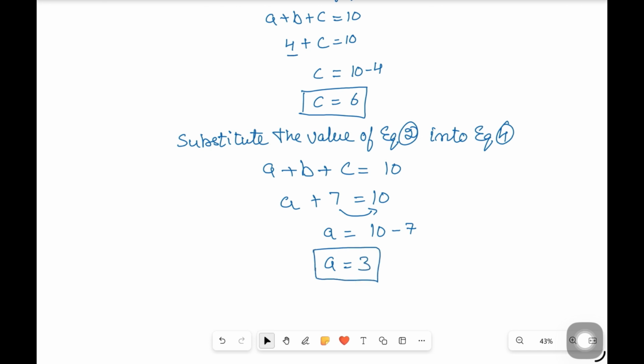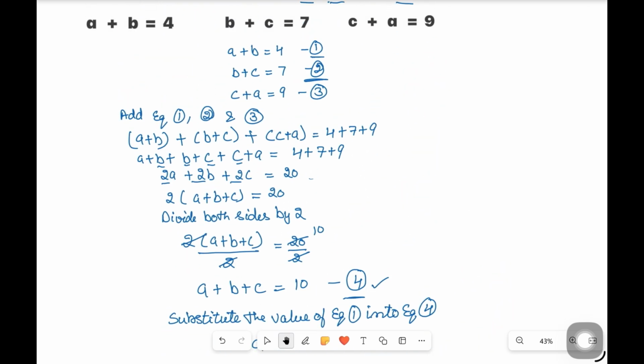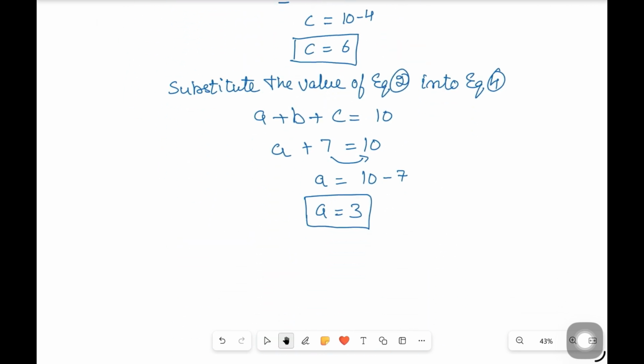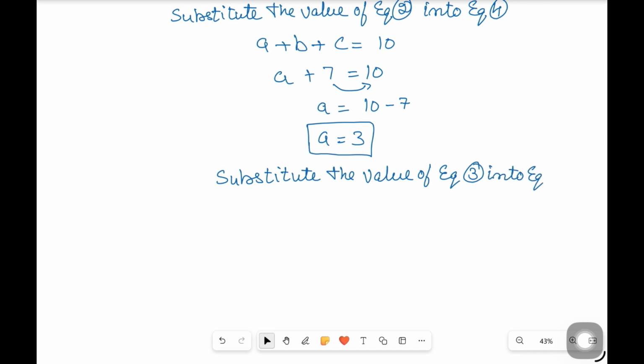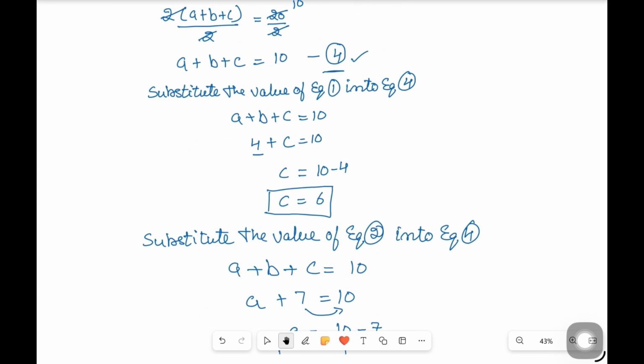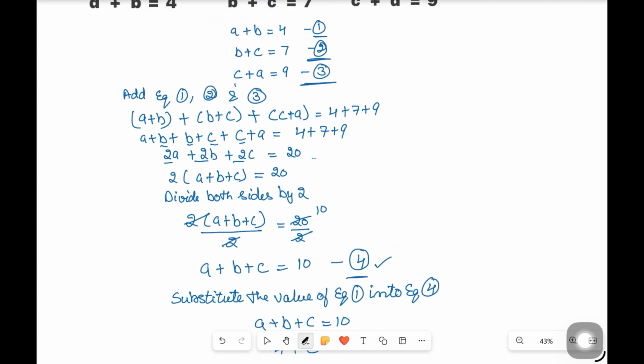Now we have already found out the value of c and a. Now we will have to find the value of b. Now again recall our equation 3. The equation 3 is c plus a is equal to 9. We will substitute this value in our equation 4. So we will write down here, substitute the value of equation 3 into equation 4. So our equation 3 is c plus a is equal to 9.